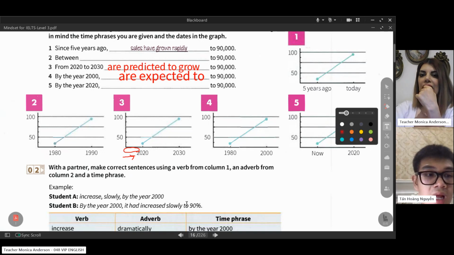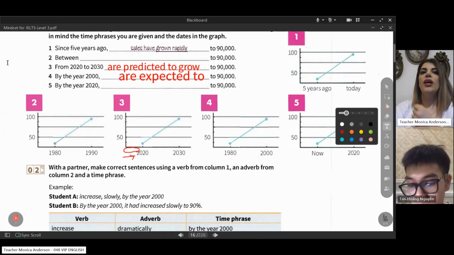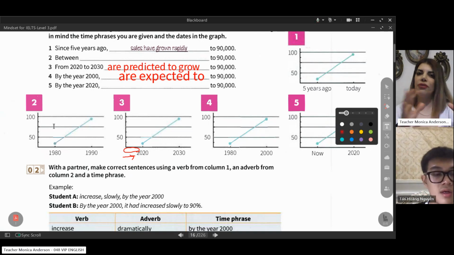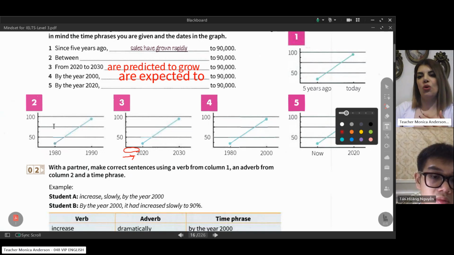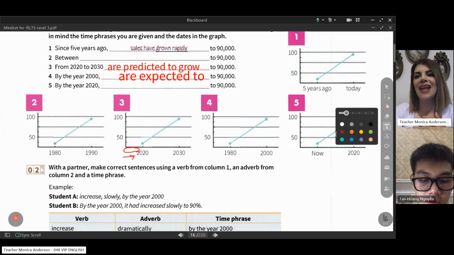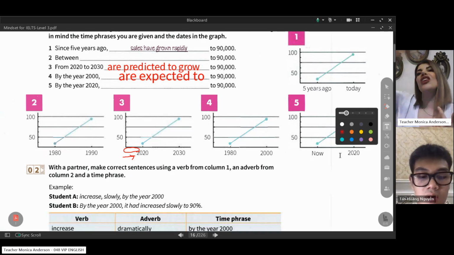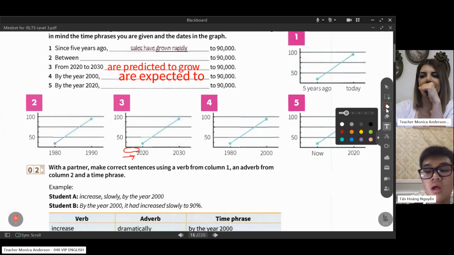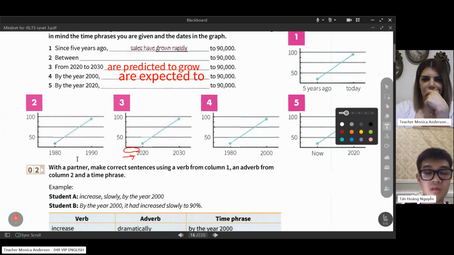Had grown. No, by the year 2000, past perfect is okay. But 2020, no. Because as you can see, this is now, and this time, 2020, is in the future. So we need to use future, okay? But now this is 2024.